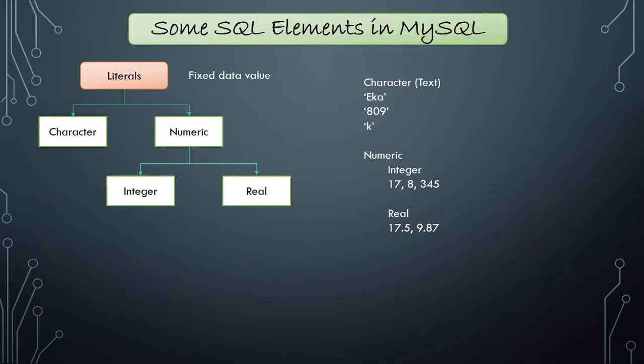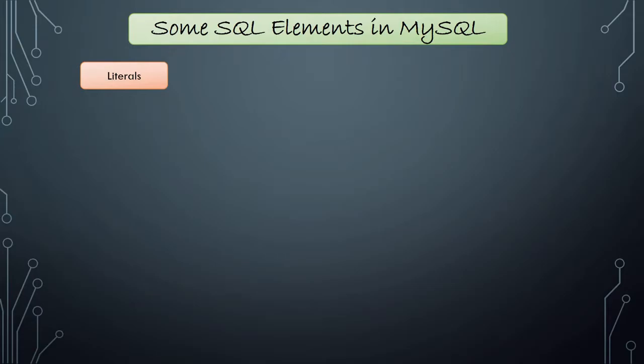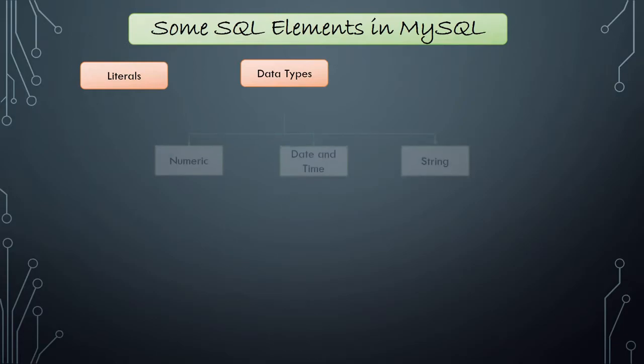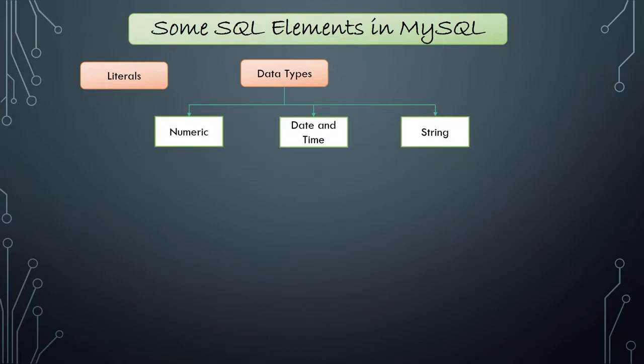Okay, now our next element is data type. Now the question arises, what is a data type? The type of data that we are storing in SQL or MySQL is known as data type. As we all know, in all programming languages we have data types. Same case in SQL, we have numeric data types and string data types.